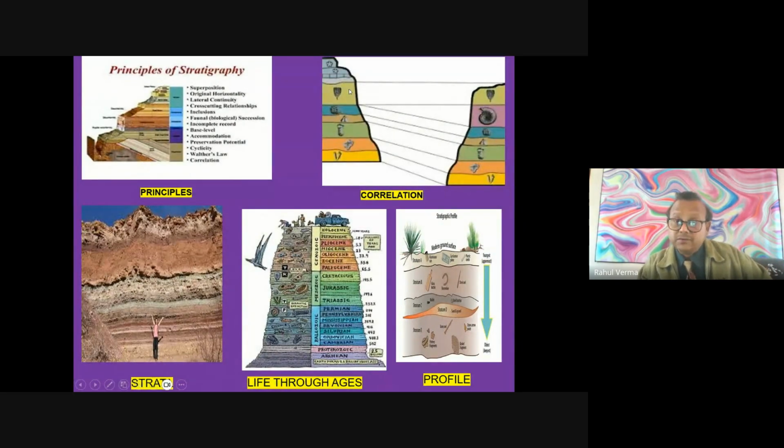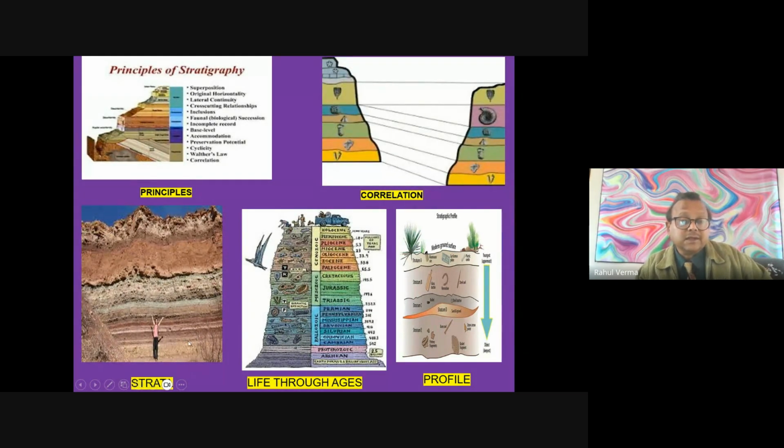Maybe they were united together. So this correlation has given the basis for the idea of plate tectonics. On the basis of fossil remains, we have concluded that India, Madagascar, Antarctica, South Africa, and Australia were once united. And now later on it is proved also.